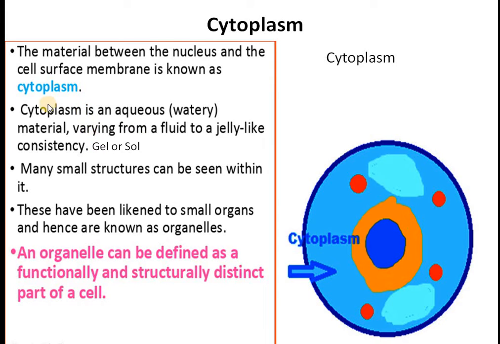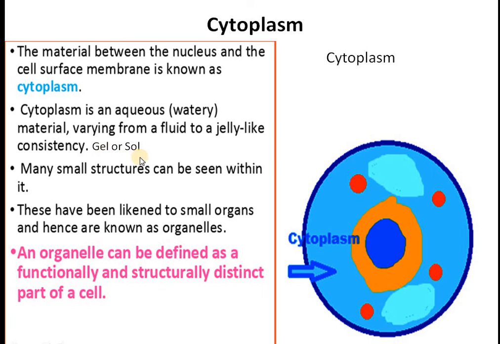The percentage of this consistency can be different in different cells depending upon the type of the cells. I am repeating again, cytoplasm is a jelly-like material which can appear in different consistencies. Those states are called gel state or sol state.